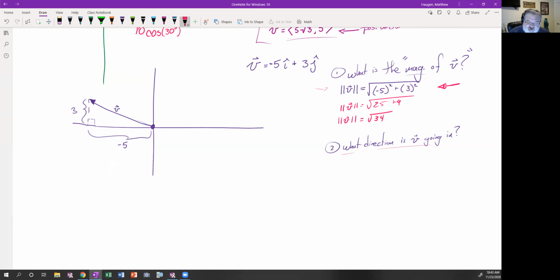What direction is it going in? Well, what direction it's going in, or how we list what direction it's going in, depends on what we want to use as a reference. Our basic reference is standard position, so we might by default use standard position.